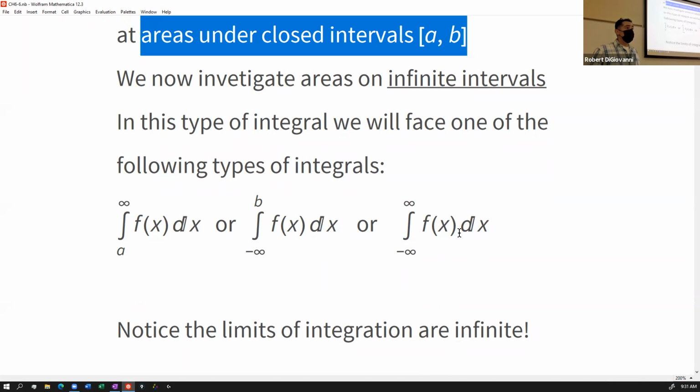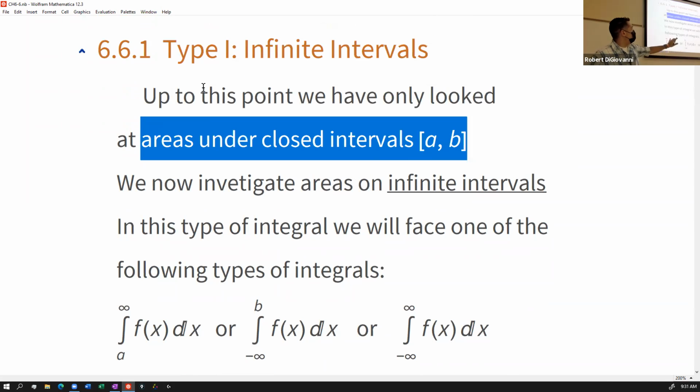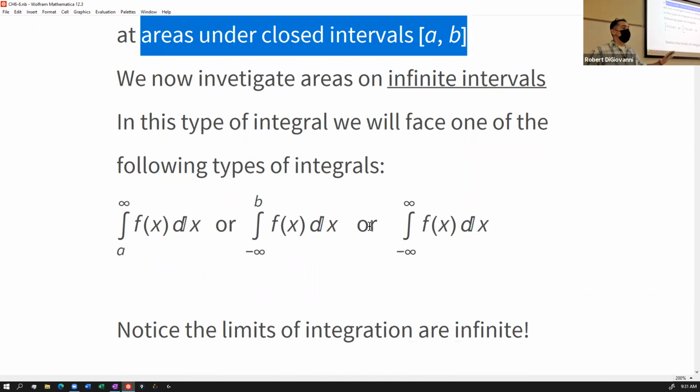Within this one type of problem, there are three types of infinite intervals. You can start at A, like a left endpoint, and go forever. You can have a point B, like a right endpoint, and go to the left forever, or you can go in both directions forever.